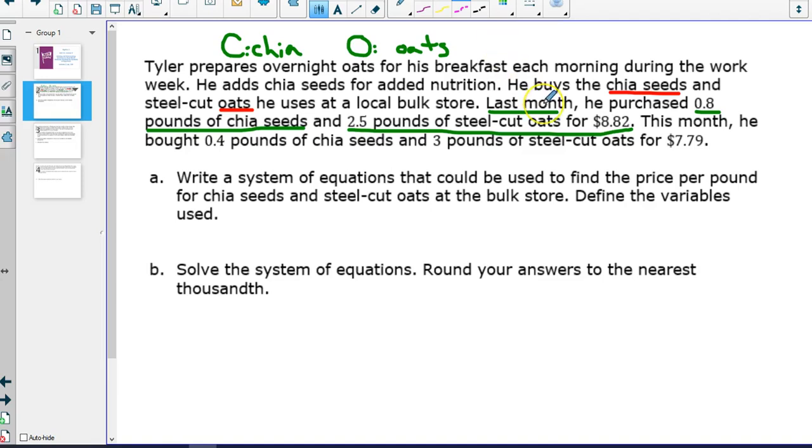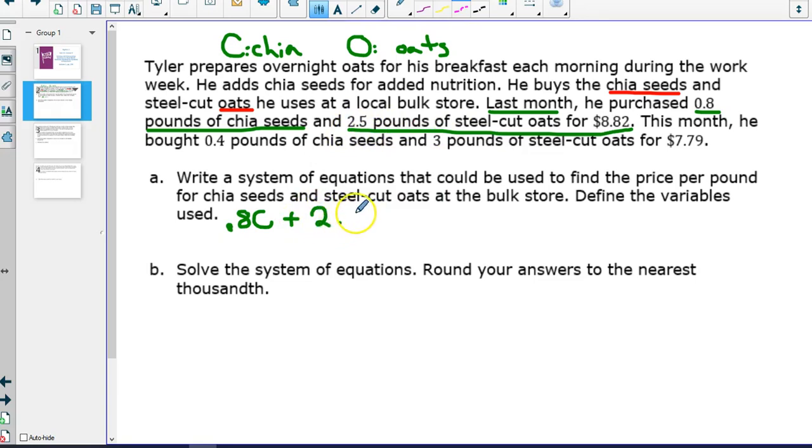Now, in that first purchase, we had 0.8 pounds of chia seeds. So I have 0.8 pounds of chia plus we have 2.5 pounds of steel-cut oats.